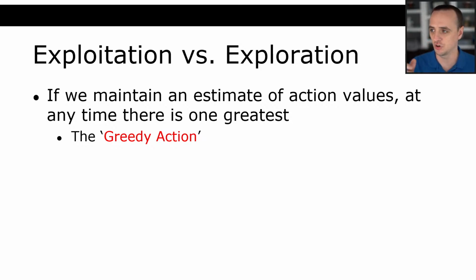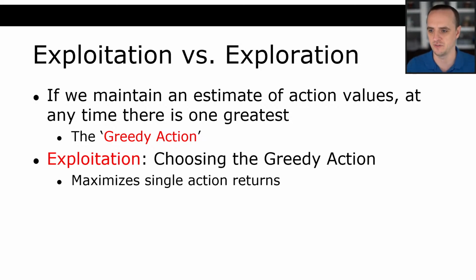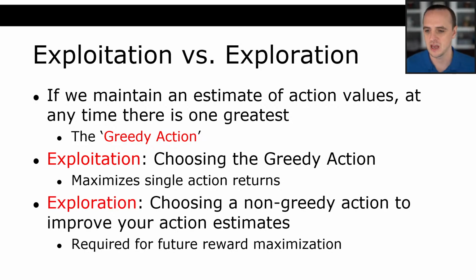That's choosing the action that I currently think has the best value. So exploitation is choosing the greedy action, and it maximizes single action returns, right? If I've averaged all the returns from the slot machines, and this one has the highest value, taking the greedy action is selecting that one with the highest average, for example.